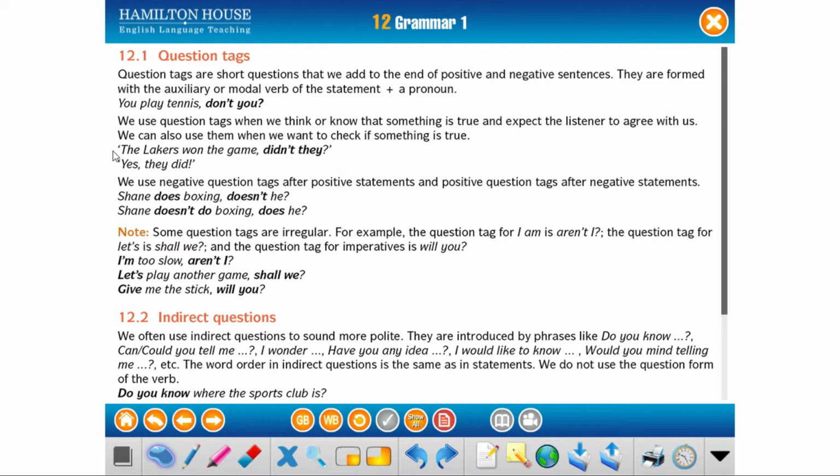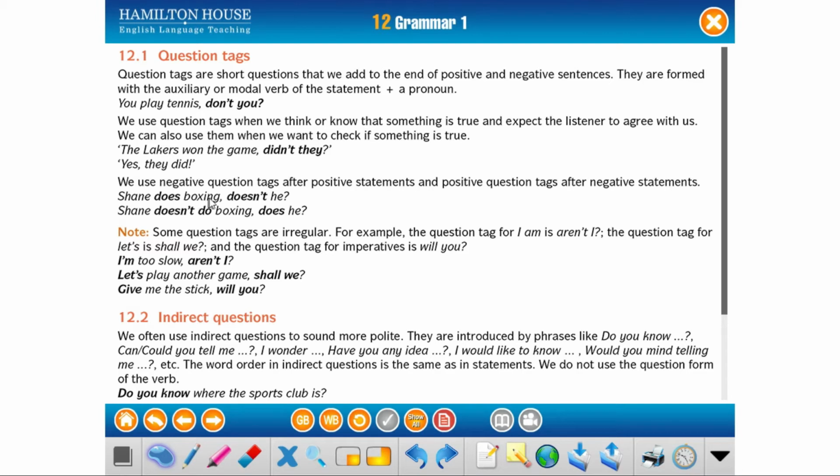We are not going to write the object as this is written in the statement. Okay, so we use a negative question tag after a positive statement and a positive question tag after a negative statement. It's pretty easy.